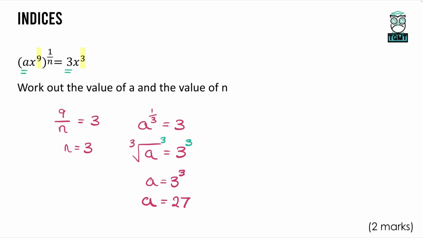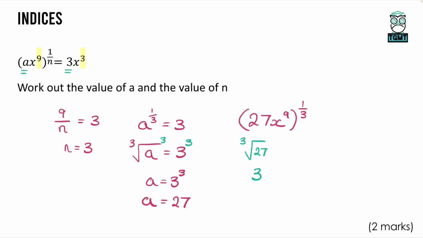Now, if you're not 100% sure, of course, you've got to know these power rules very well, your laws of indices, but now we would have 27 x to the power of 9, all to the power of 1/3. Now, working forwards with this question, we would do the cube root of 27, which is 3.